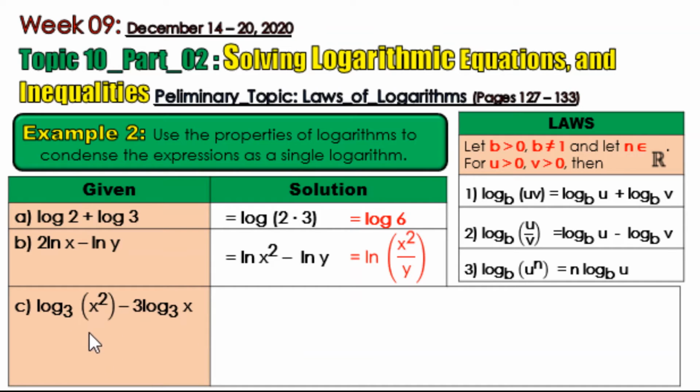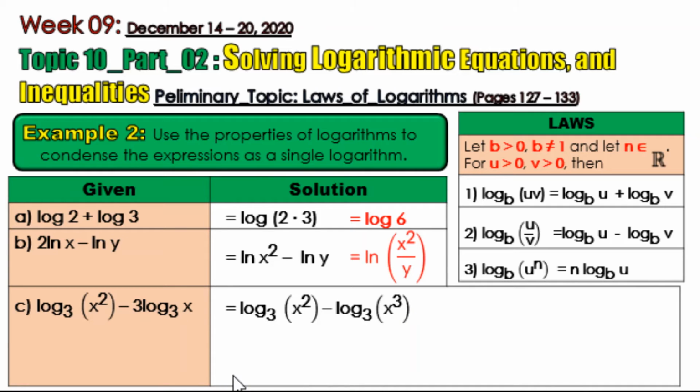Okay, so your 3, it means to say that this 3 is the exponent of x. So we have the logarithm of x squared to the base 3 minus the logarithm of x cubed to the base 3. So 3 is the exponent of x.